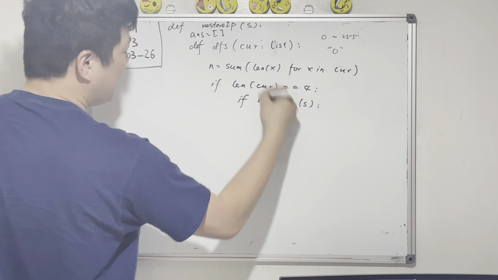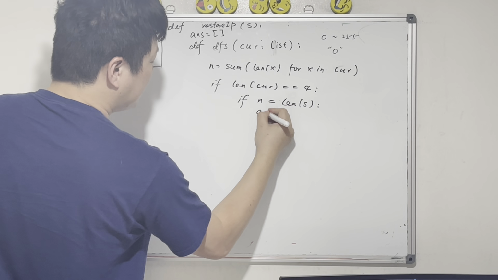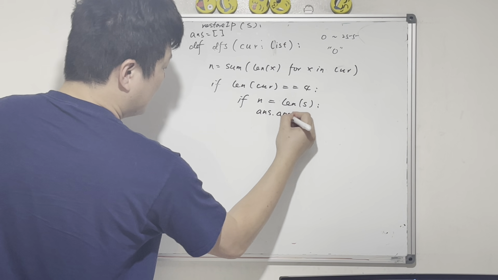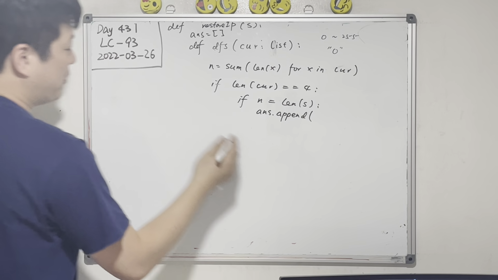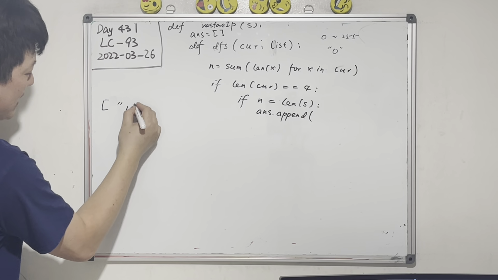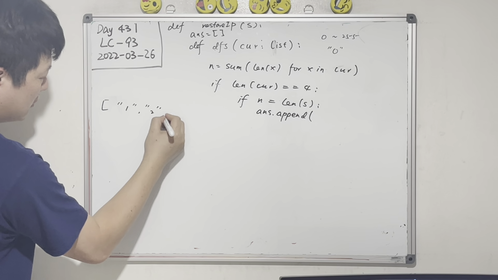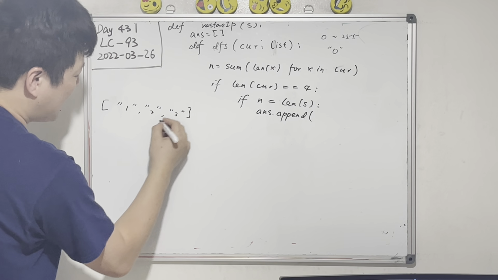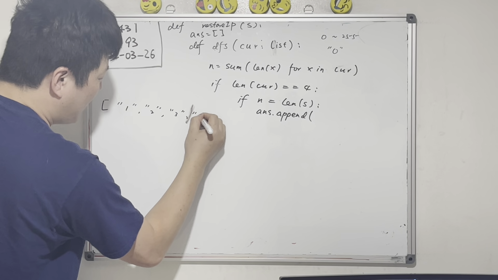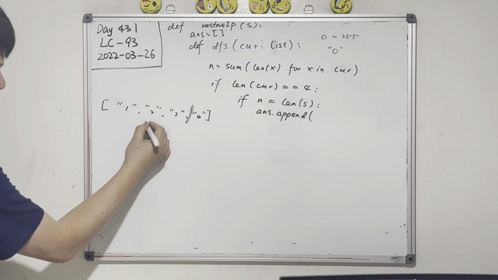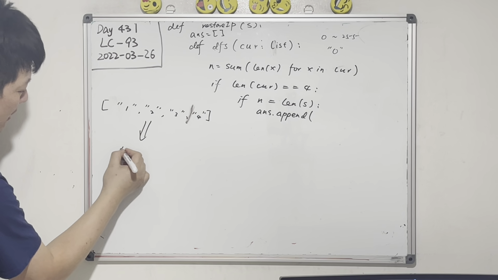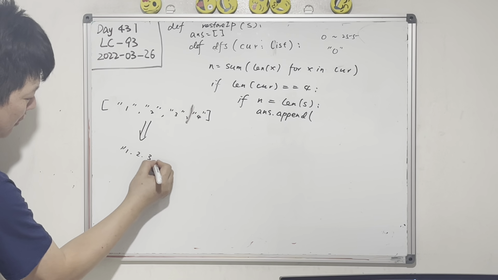Then we have to do answer.append. Now we want to convert a list to a string. We want to make this 1 2 3 4 into 1.2.3.4.